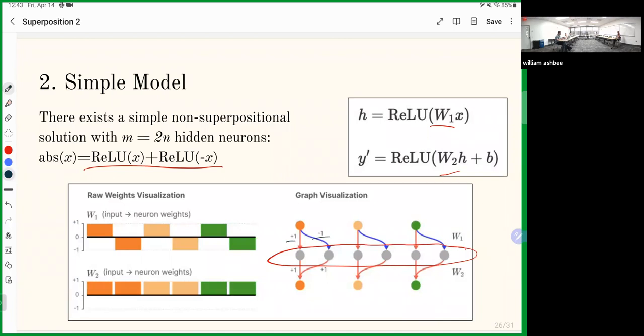In this case, say if x is more than 0, then the other term here will be 0. Then we can just add them.